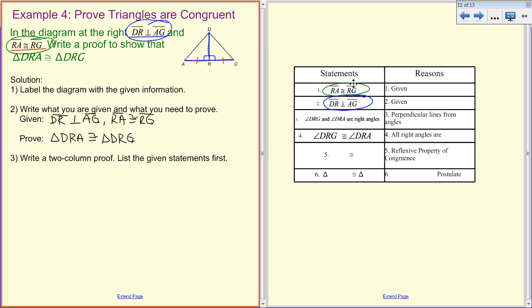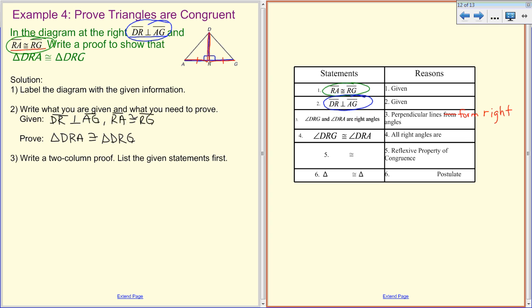So then we start taking a look at this, and what do I know? Well, I know that DRG and DRA are right angles because perpendicular lines form right angles. They form right angles. That was something I had to conclude.